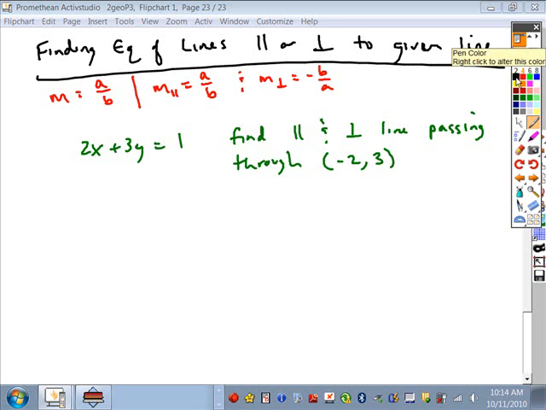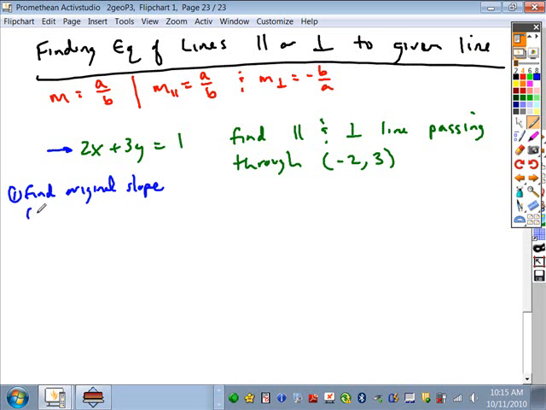Okay, what you would do first is you would need to find your original slope. So how would we find the slope of this original equation? Solve for y. Okay, so all you need to do is solve your equation for y, and then that allows you to view the slope.